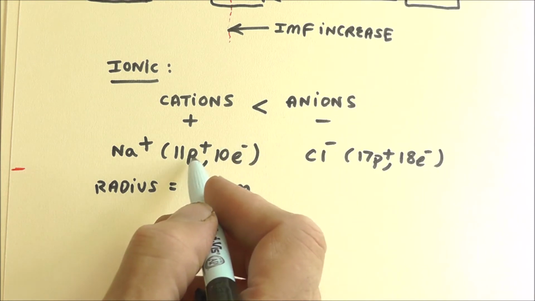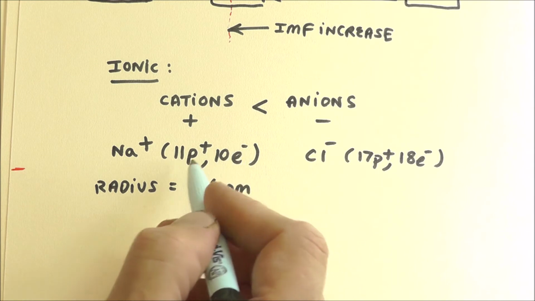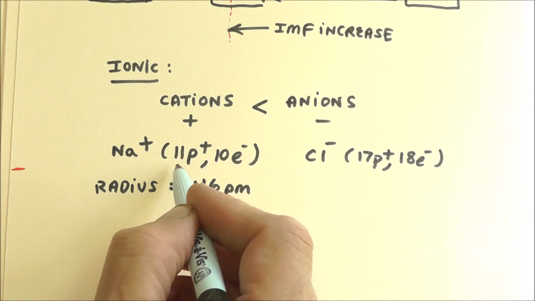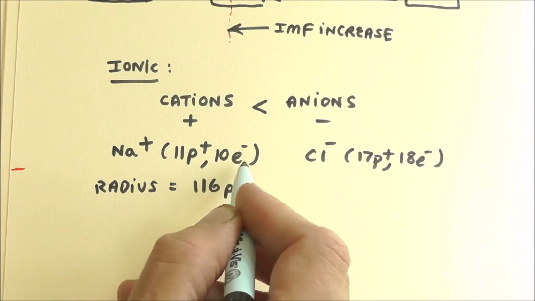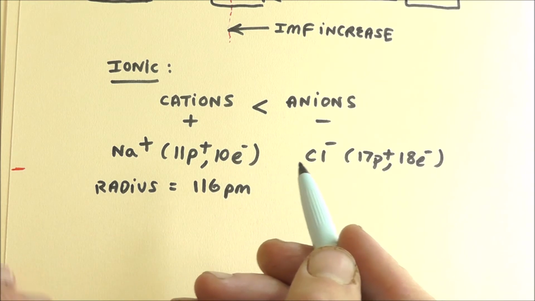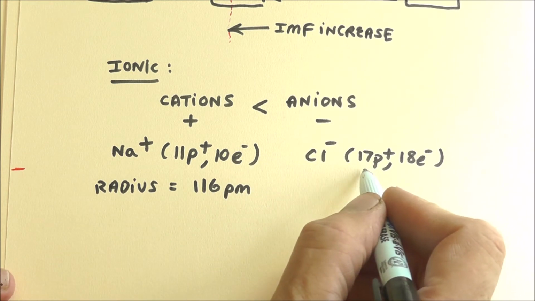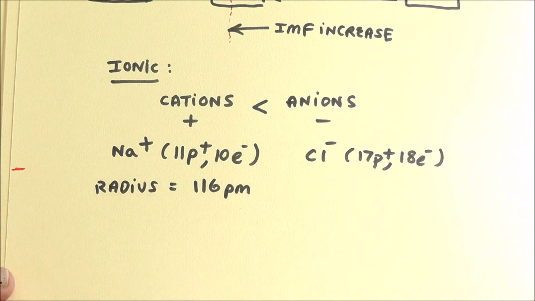Remember I said Coulombic forces, positives attract negatives. So something with 11 protons drawing in 10 electrons, or something with 17 protons drawing in 18 electrons. Well, you think about it, the more protons there are, the more they're going to kind of suck in the electrons out in the outer cloud, and especially those outermost ones.